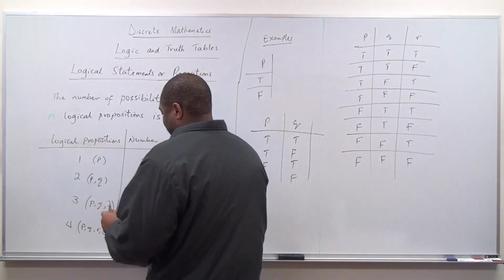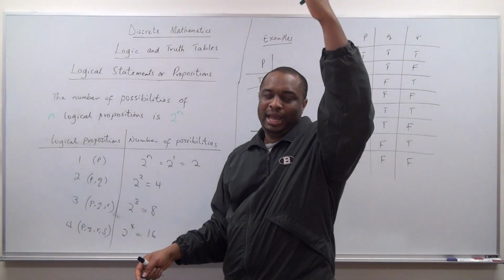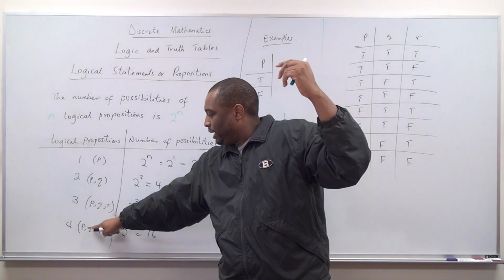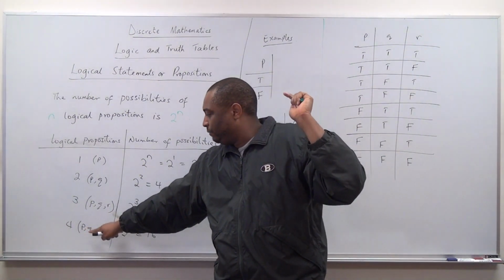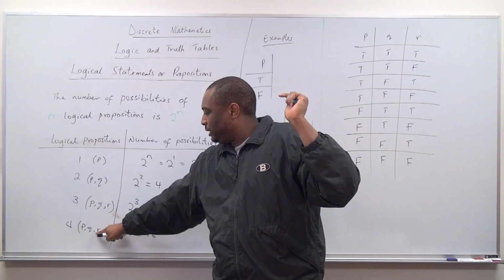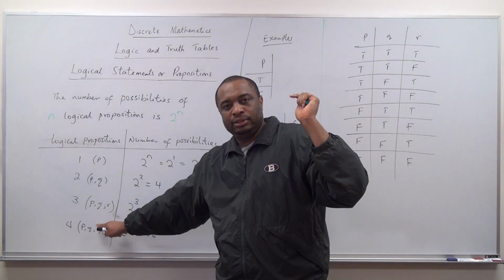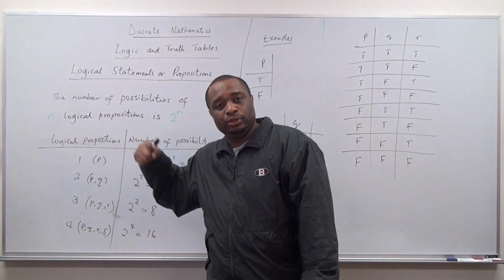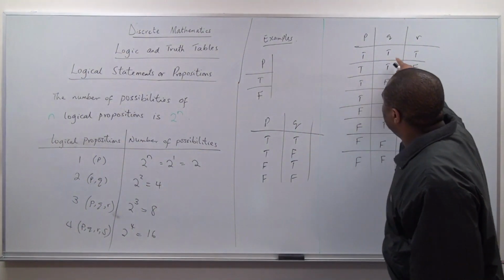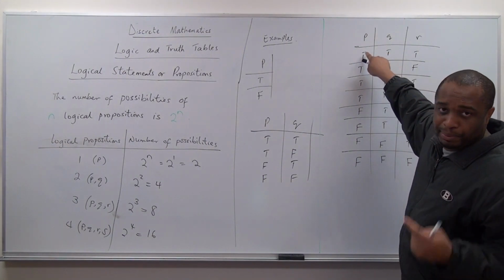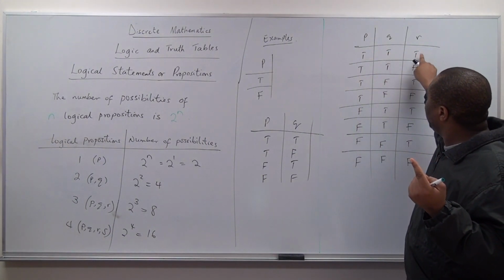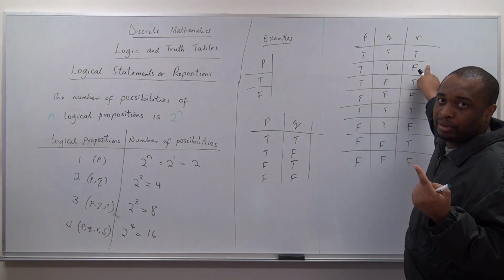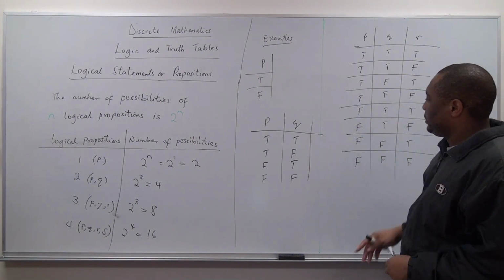So 16 divided by 2, you have 8 for P: 8 true, 8 false. Divided by 2 again, for Q, you have 4 true, 4 false. Then 2 true, 2 false. We keep listing like that, and for S, 1 true, 1 false. This means P can be true, Q can be true, and R can be true; or P true, Q true, and R false. So these are the possibilities you have.